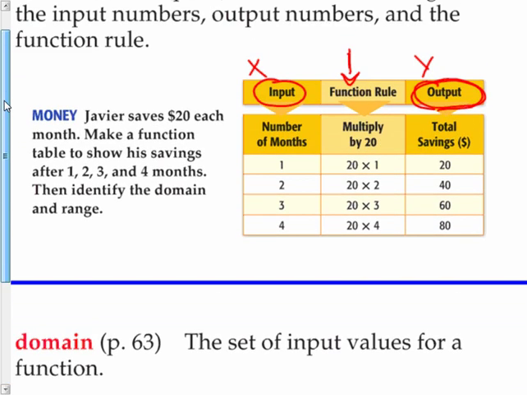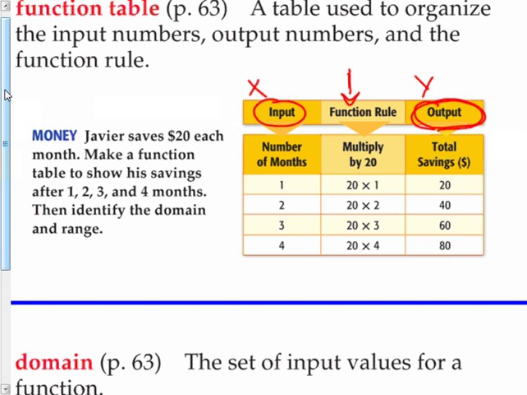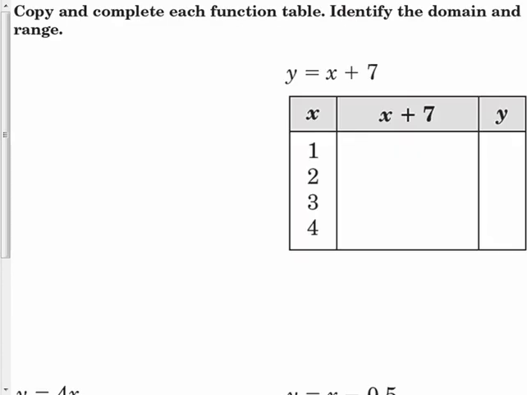So we have our input, which we are now going to call the domain, and the output we're going to call the range of the function table. So let's look at a couple of examples and practice making function tables and labeling our domain and range.